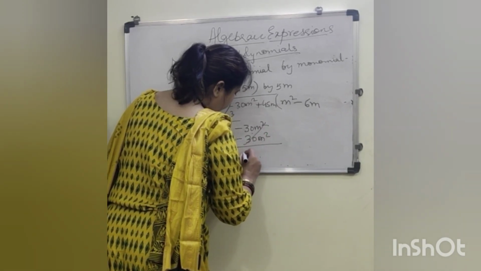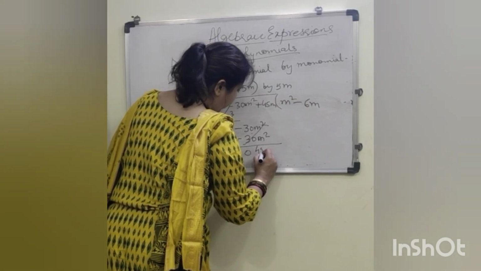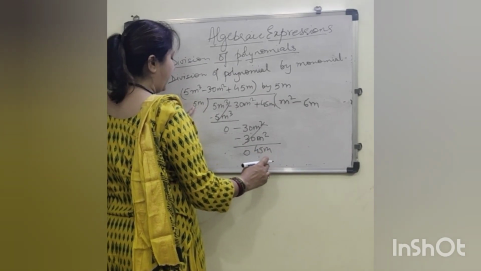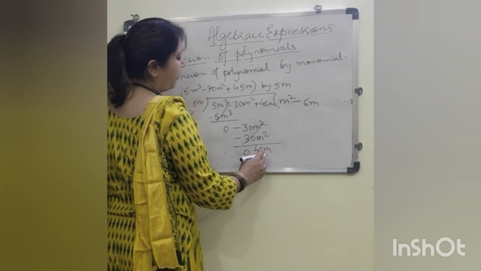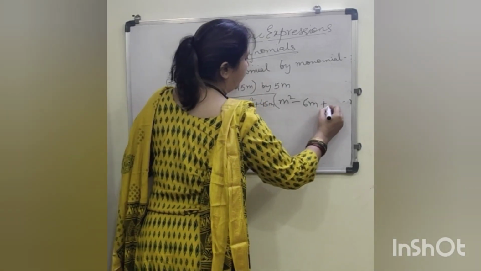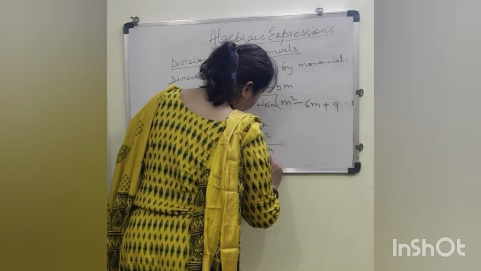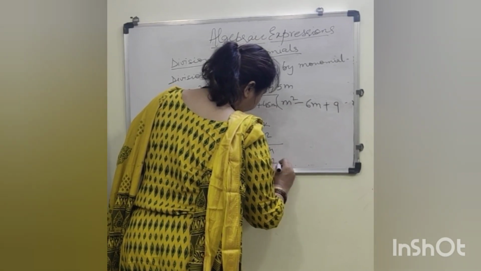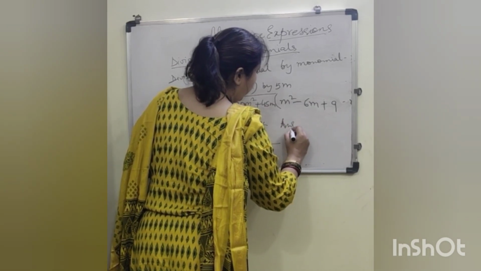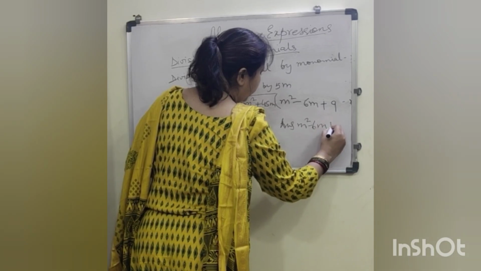Cancel. 0. Next term 45m. Now m, same exponent. 5 only has to be converted into 45, so plus 9, because the term is positive, so plus 9, 45m. So your answer is again m square minus 6m plus 9.